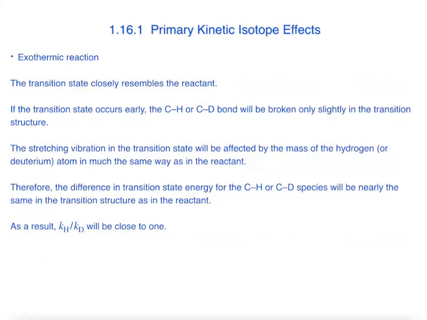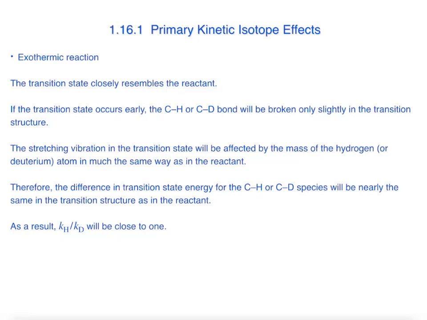In the first case, an exothermic reaction, the transition state closely resembles the reactant. If the transition state occurs early, then the CH or CD bond will be broken only slightly in the transition structure. So the stretching vibration in the transition state will be affected by the mass of the hydrogen or deuterium atom in much the same way as in the reactant.